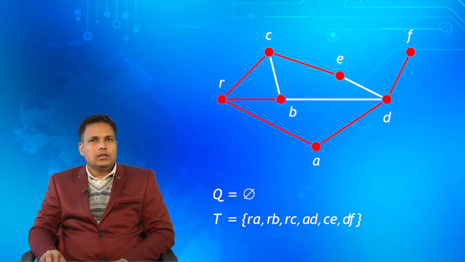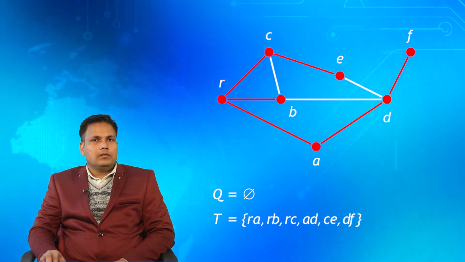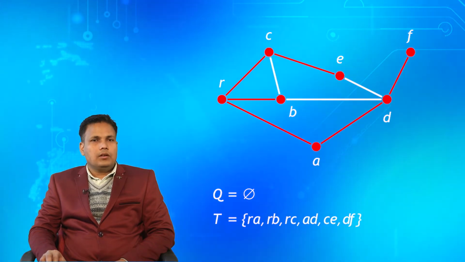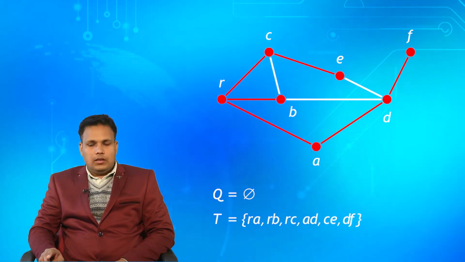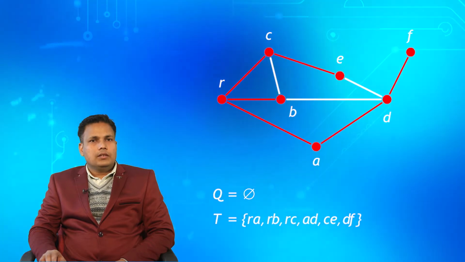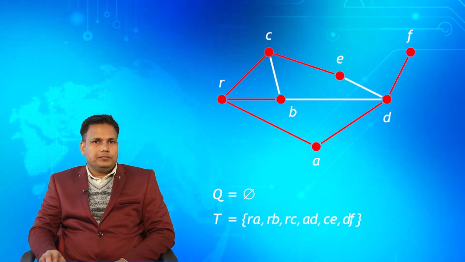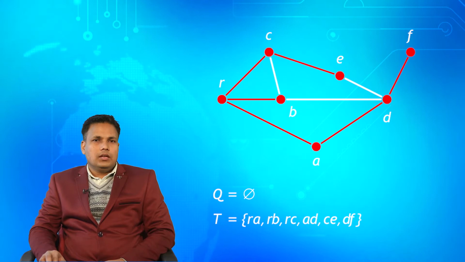So, you can see there is no unvisited neighbor of F. So, F is now removed from Q, and then what we are left with is an empty Q. So, now we shall stop.